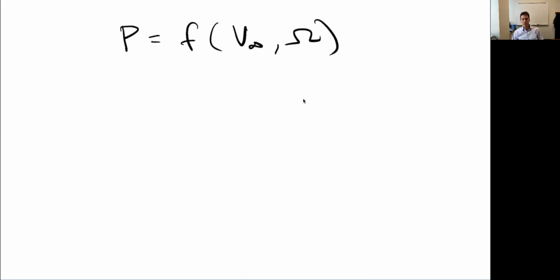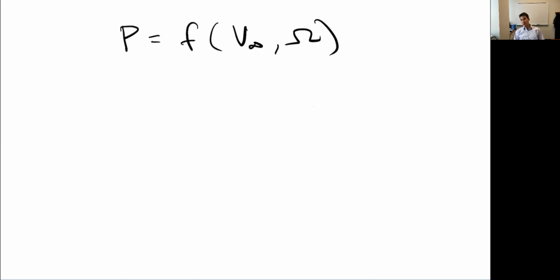In fact, what we're looking at here is that we're trying to predict power as a function of free stream speed and rotation speed. Of course, neither of these are non-dimensional numbers, so we don't expect to have universal behavior. This is going to be very specific. And so perhaps if we non-dimensionalize, we can collapse the data and see better underlying trends.